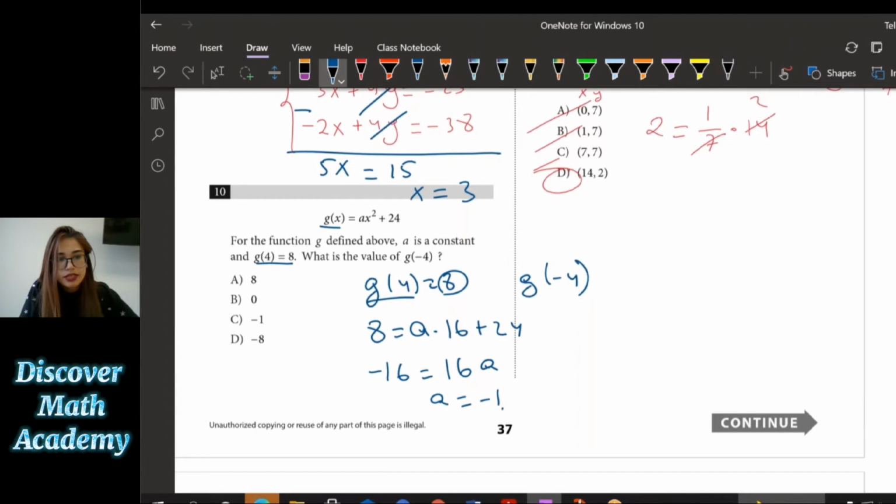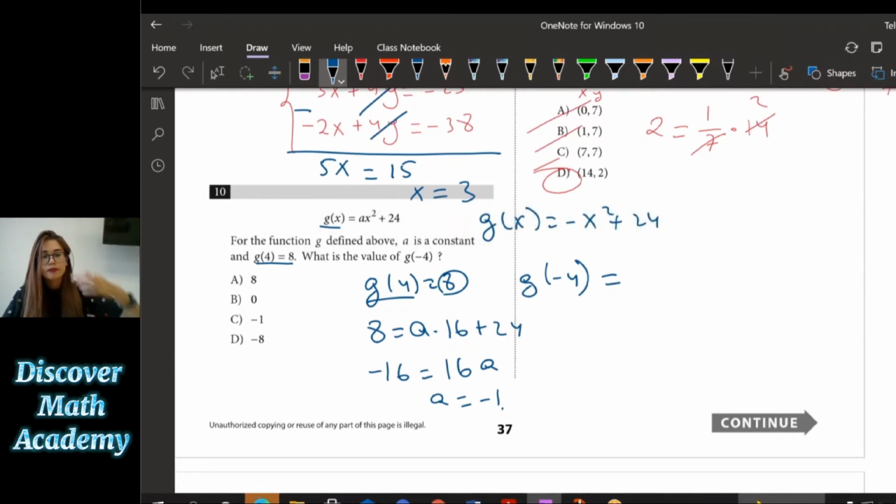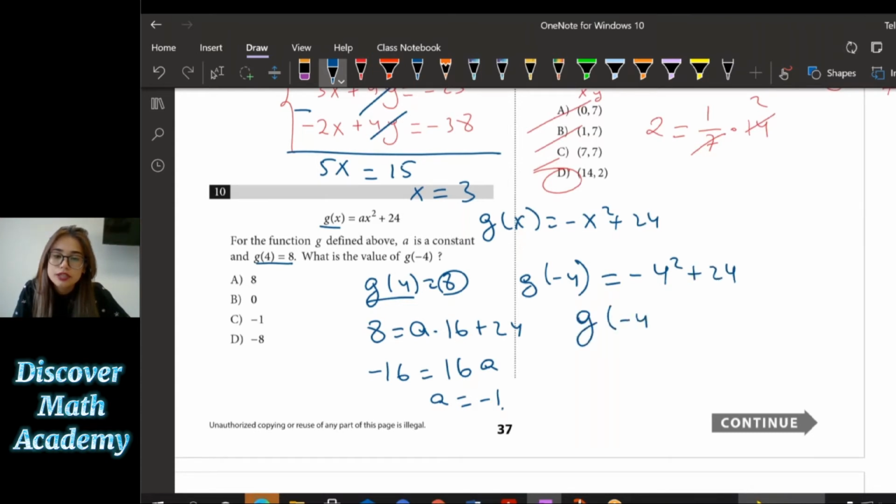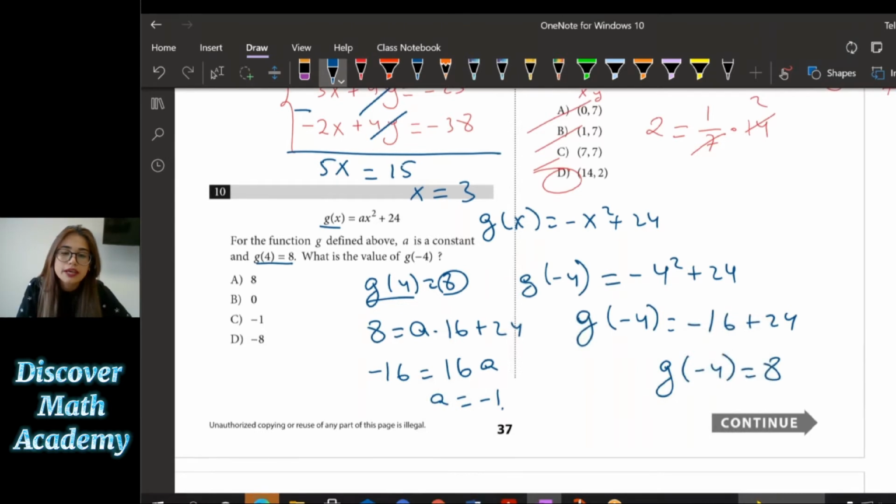So g(x) is going to be negative x squared plus 24. So negative 4 squared plus 24. So g(negative 4) is equal to negative 16 plus 24. g(negative 4) is equal to 8.